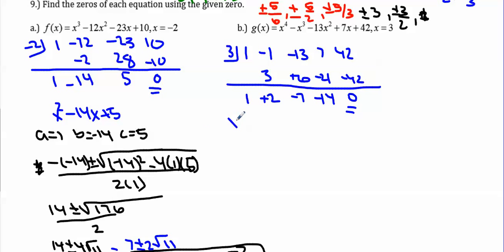Perfect. Now I have x cubed plus 2x squared minus 7x minus 14. So at this point, you can do synthetic division again by finding all the possible ones. So plus or minus the factors of 42 over 1.